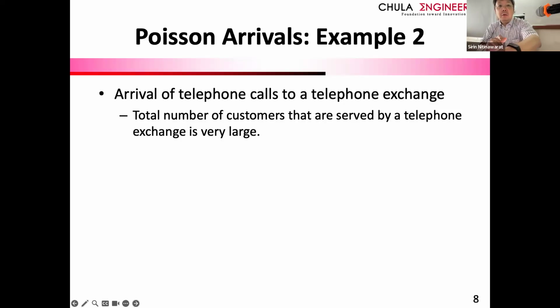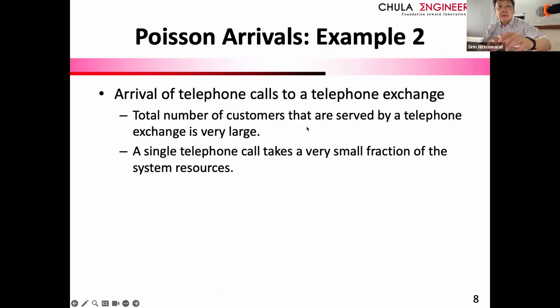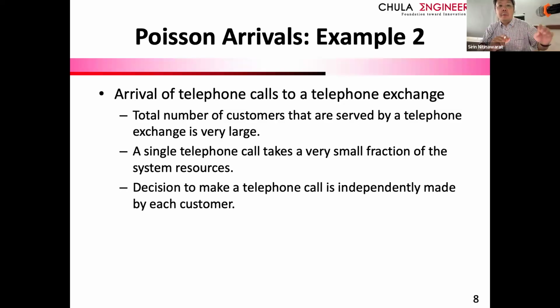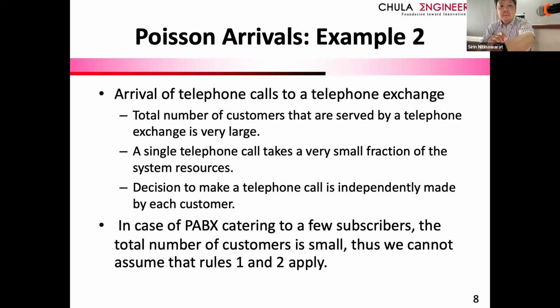Each customer's call will occupy only a small fraction of the time of the operator, okay? And calls are coming in independently, of course, because by definition, a call is individual, right? You cannot combine many calls and have them come in together at the same time, right?